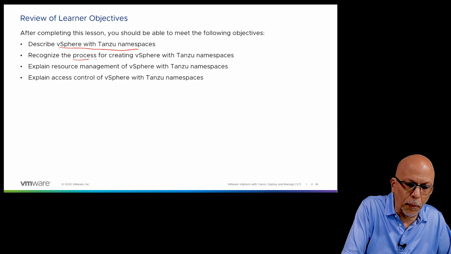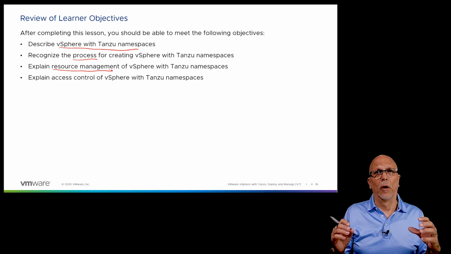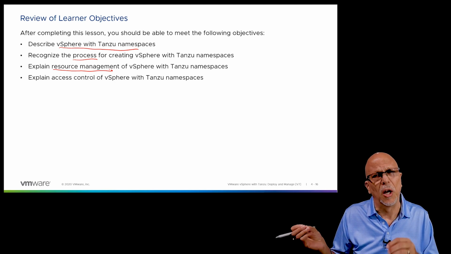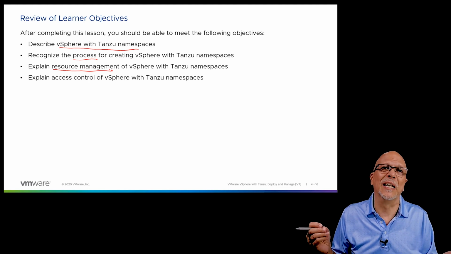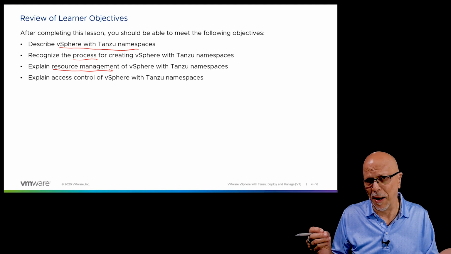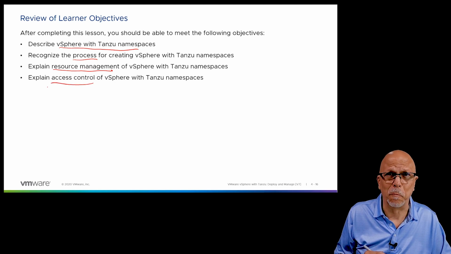So we talked about the process. We also talked about resource management in the namespace, which is the equivalent of a resource quota in Kubernetes, but exposed more easily through a simple graphical user interface, the HTML5 client. And then we also talked about access control.